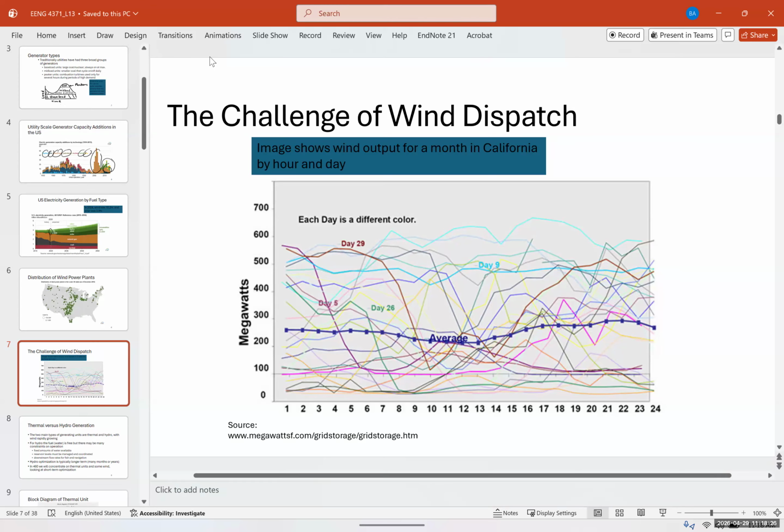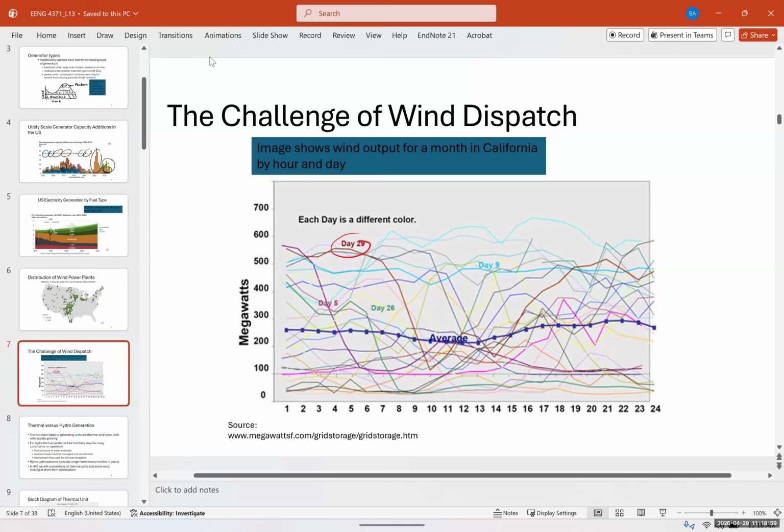The image shows actual wind output for California over the course of a month, by hour and by day. You can see that the output fluctuates significantly, both within a single day and from one day to the next. You can see from day 29, then day 26, day 25, how it fluctuates in different hours during morning, afternoon, and so on.